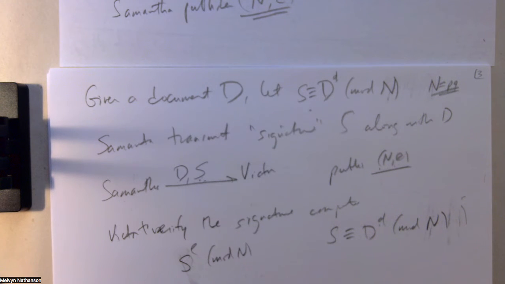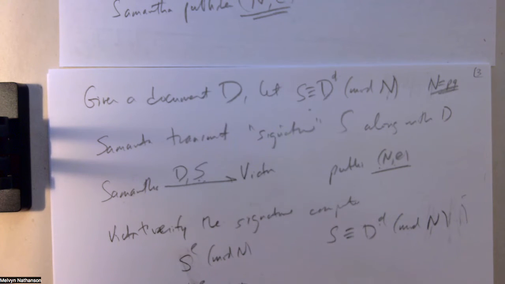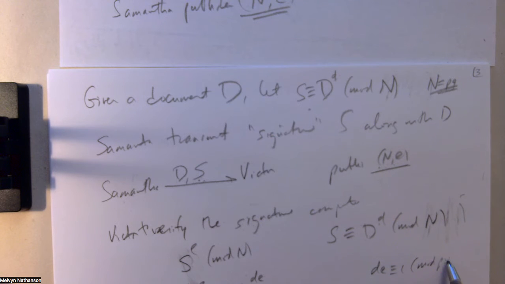So what happens? S to the E is congruent to D to the d to the e, which is congruent to D to the d times little e. Remember, d times little e was chosen so that de is congruent to 1 modulo P minus 1, Q minus 1.